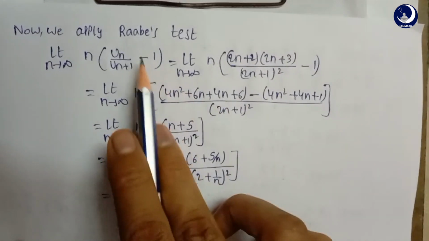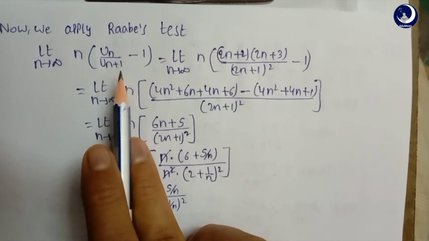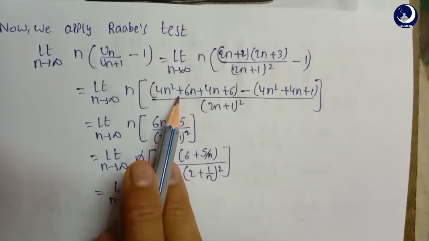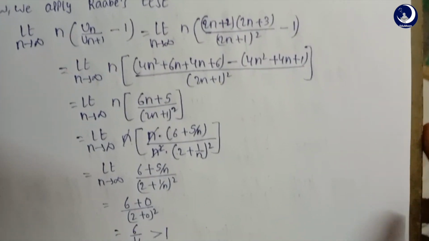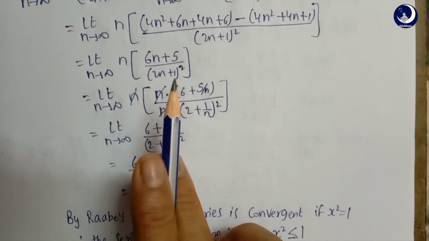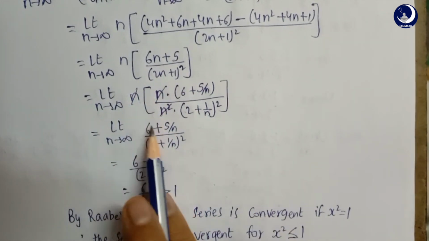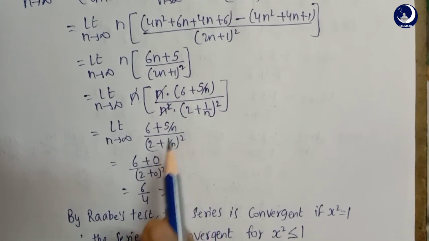Finally, now apply Raabe's test. Limit n tends to infinity n into (un by un plus 1 minus 1). I replace this value in this. We solve it. Finally, solving we get limit n to infinity n into (6n plus 5) by (2n plus 1) whole square. By taking n common we got (6 plus 5 by n) by (2 plus 1 by n) whole square.